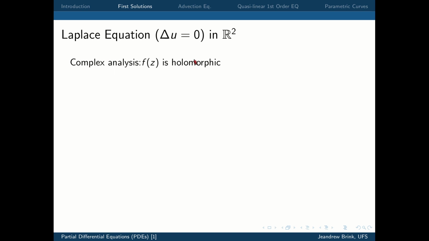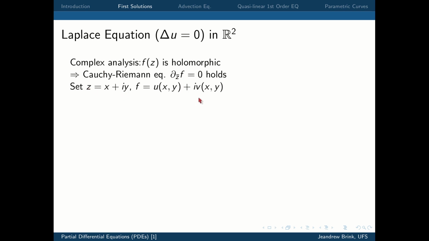I just want to remind you here at the start, or if you haven't seen it, what the terminology means. f of z is known to be holomorphic if the Cauchy-Riemann condition holds, in other words, f's partial derivative with respect to z bar is 0. Here z is my complex variable, and f is the complex function, simply u of x and y plus i v of x and y.